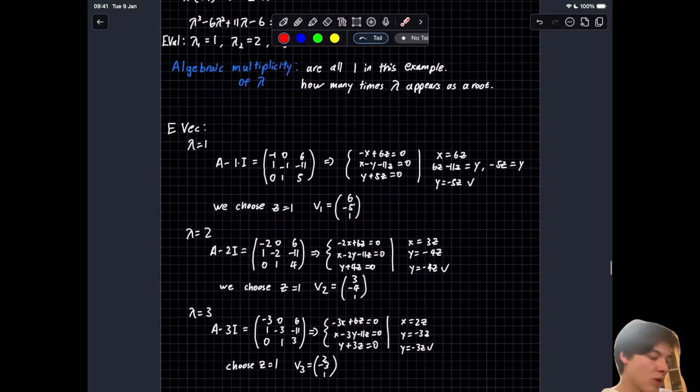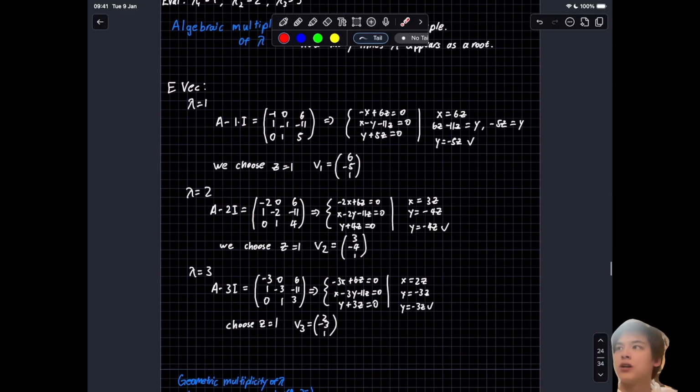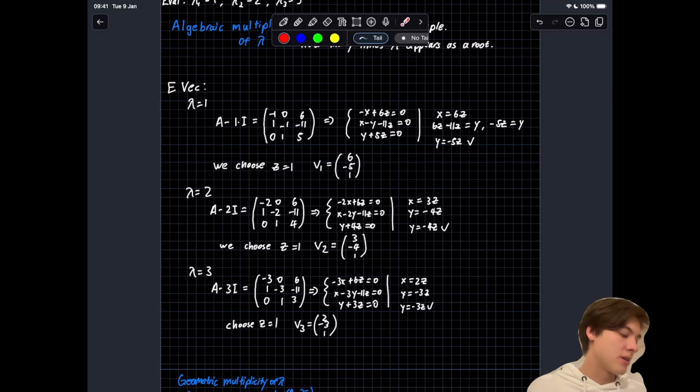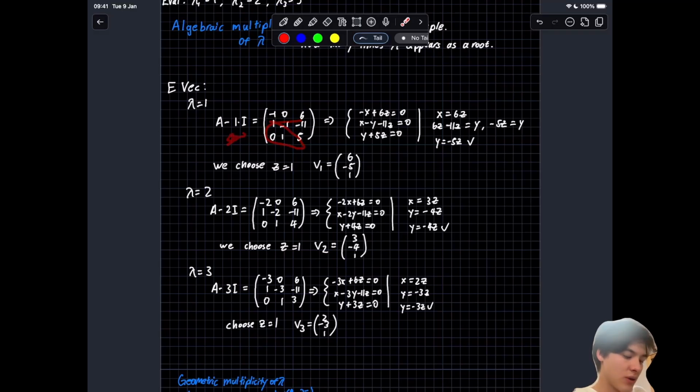In this case it's just 1, and then for each eigenvalue we would do A minus the eigenvalue times identity, and then we would solve that and see which vector fulfills this.